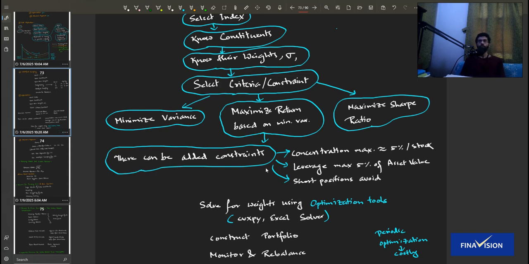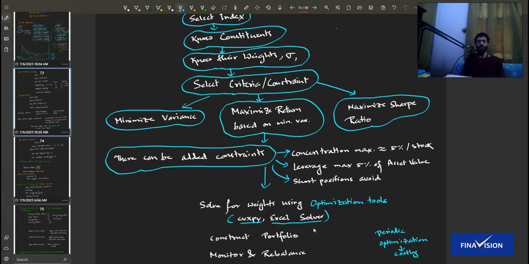For that, we need the optimization tools. Now, what are these optimization tools? A few examples can be CVXPy. It is based on Python. Then another example can be Excel solver. Using these kinds of tools, the weights are figured out. What will be the weights of the constituents within the portfolio? These are called optimization tools, right?